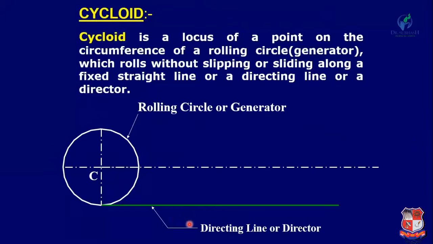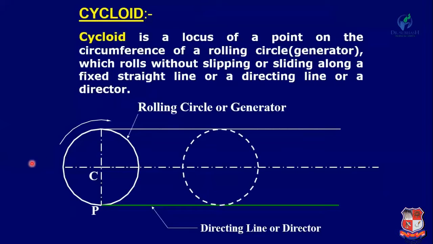Now this circle is rolling on this directing line by one complete revolution. P is the point of contact between this circle and the directing line, and the point P is on the circumference of this rolling circle. It is rolling in this clockwise direction.